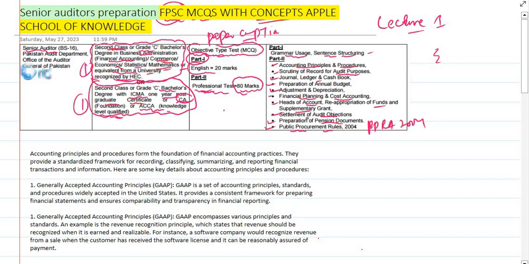And so we will discuss all these subjects one by one. From today we will start with the first one, accounting principle and procedure.